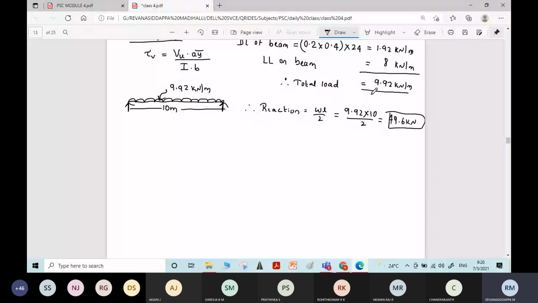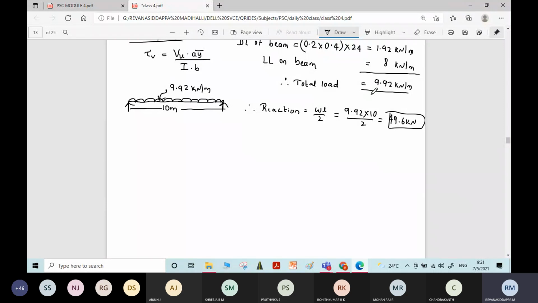Here we did not do the factorization of the load, right? Factor load we did not consider. Even if you consider, your answers will be considered, okay? Both cases will be considered while doing the evaluation.